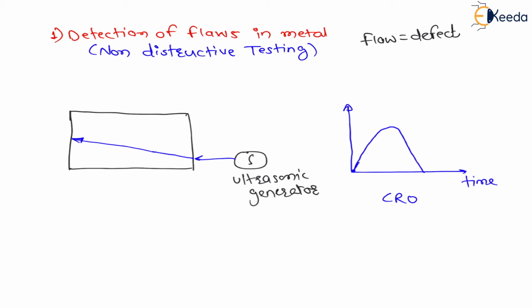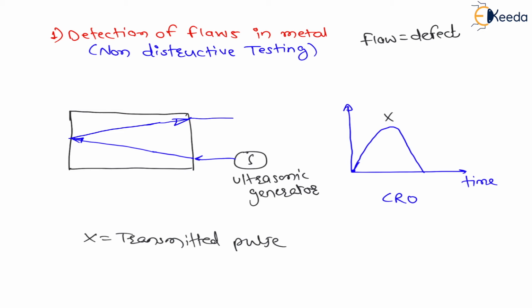Now my dear students, let us say this X is the transmitted pulse. Once this pulse strikes the other end, it will get reflected back in the form of an echo.